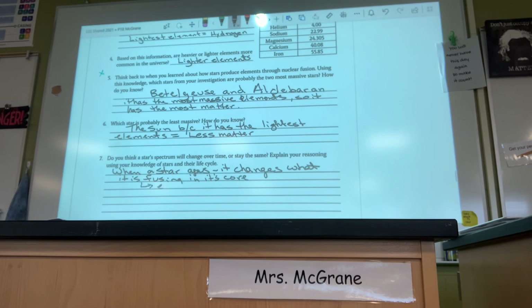And we're going to say each element, this is bringing us right back to the very first section we did, each element has a specific wavelength of light pattern that helps us identify it.